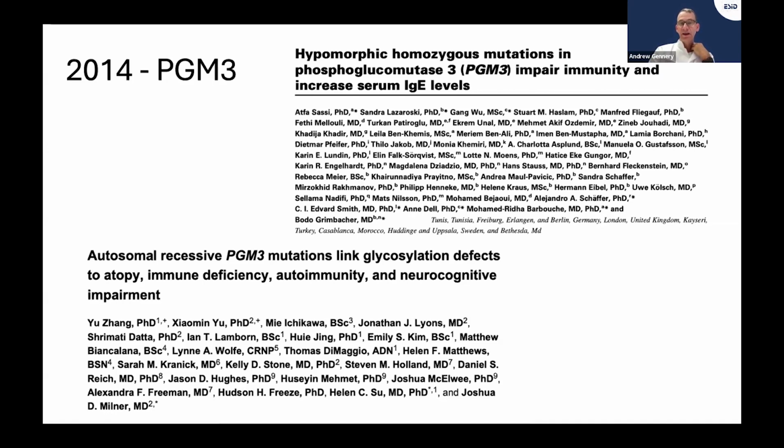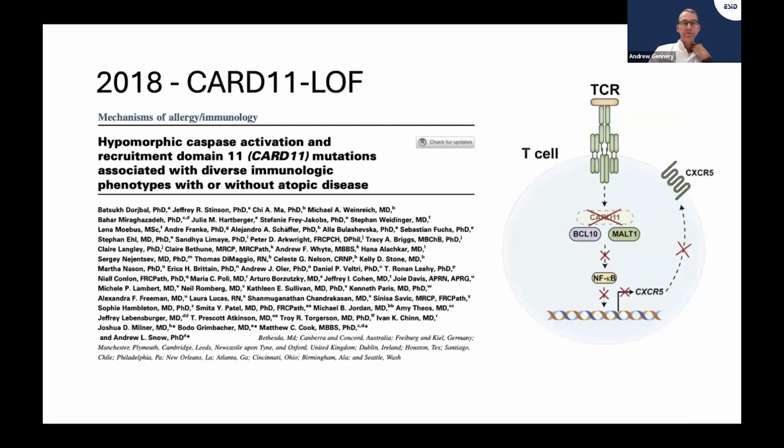And therefore, this may be another autosomal recessive cause for elevated IgE levels and an immunodeficient phenotype. However, the phenotype may be as broad as severe combined immunodeficiency, and these patients may also have neurocognitive impairments.